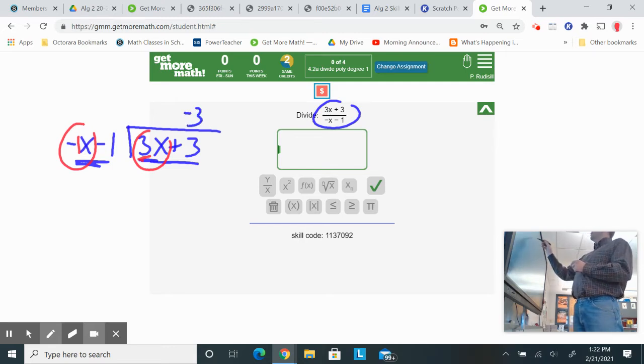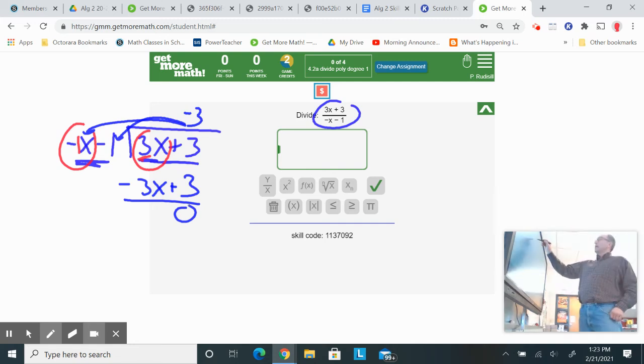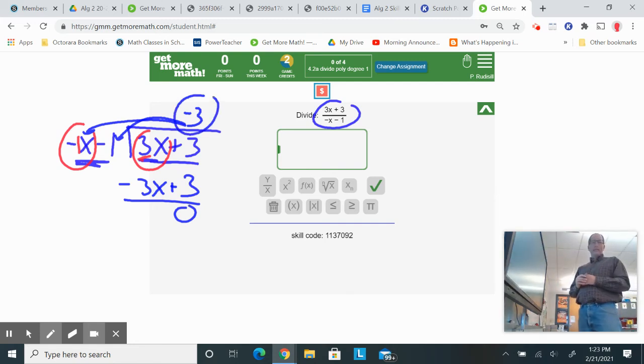Then I go to distribute. -3 times -1 is a positive 3. -3 times -1x is a positive 3x. And when I subtract those, I get no remainder. So my answer, which is a quotient, is a -3.